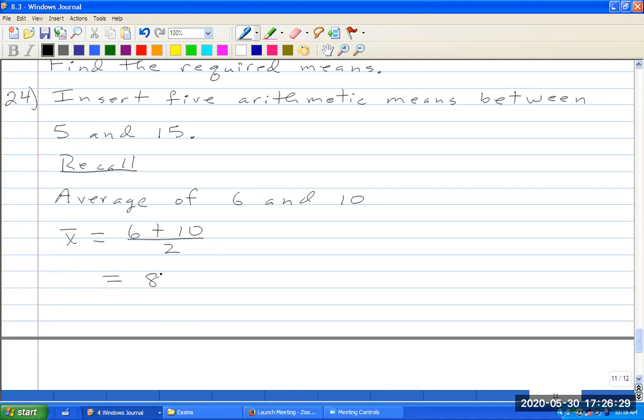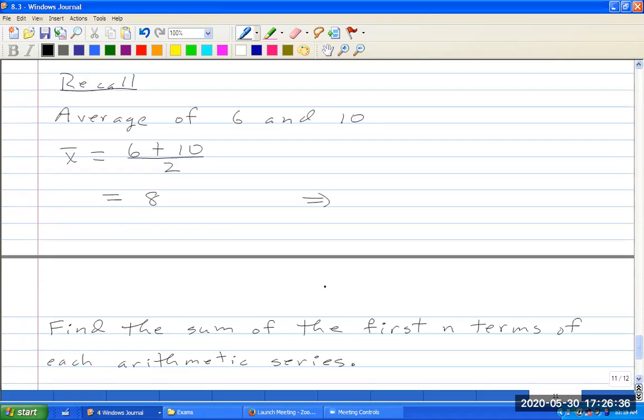But what this means is that I've actually made an arithmetic sequence. I've written the arithmetic sequence 6, 8, 10. And so I've inserted one arithmetic mean between the numbers 6 and 10.